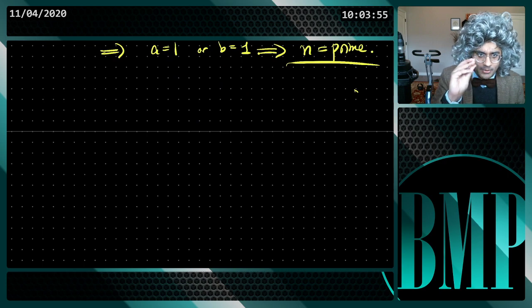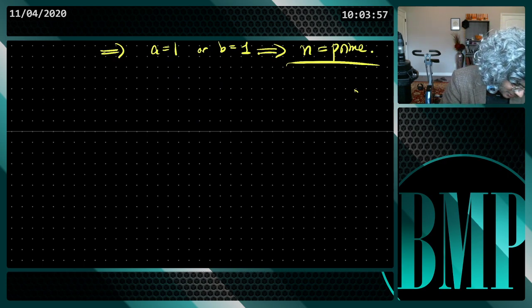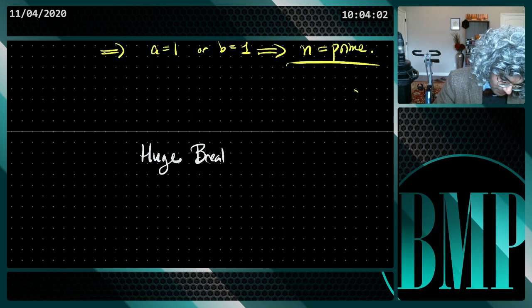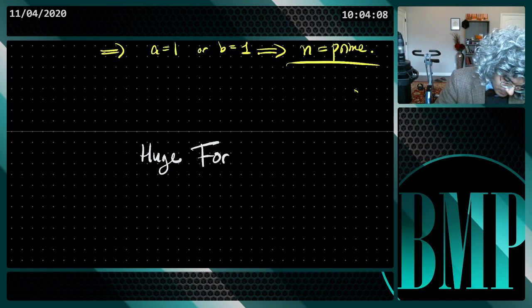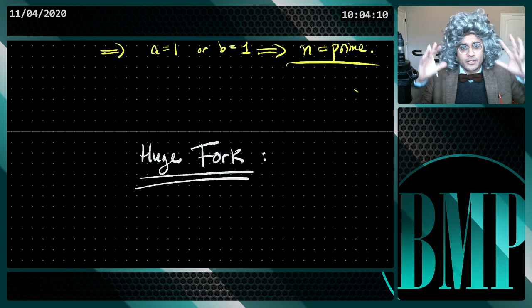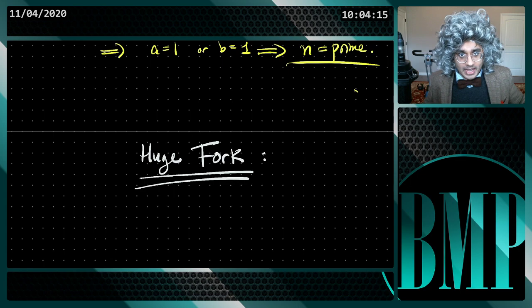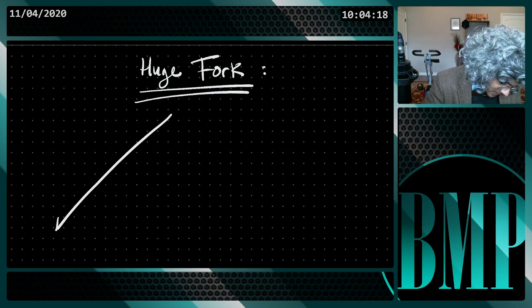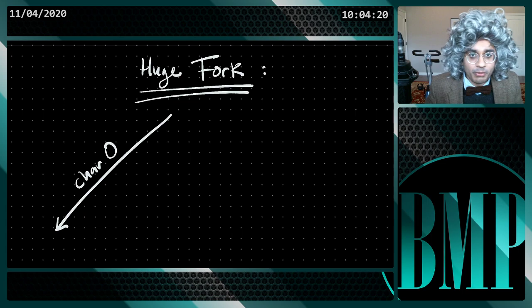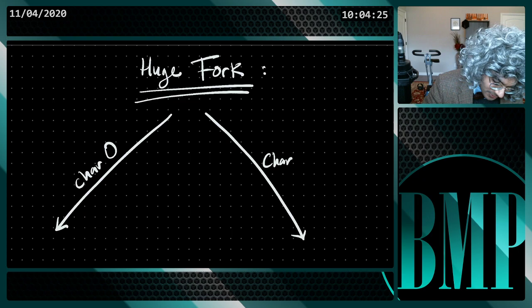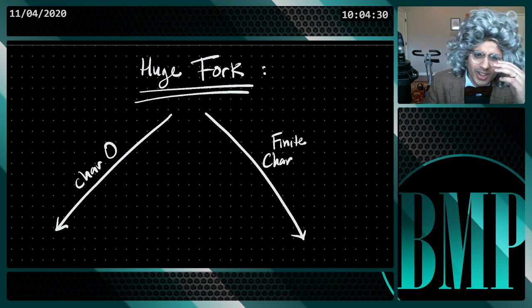Okay? So I want to emphasize that as a huge theme. Huge breaking fork. In the study of rings and fields, there's a huge fork that happens. There's the characteristic 0 path, and there's the finite characteristic path.